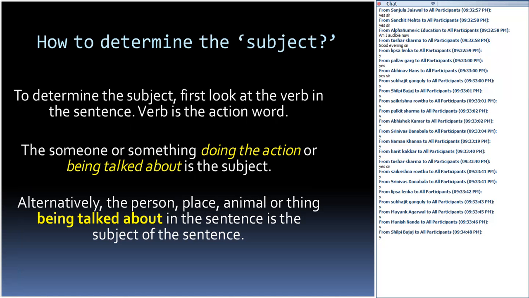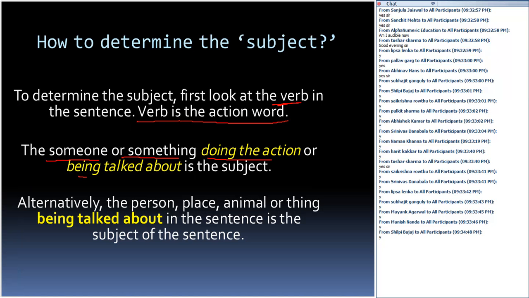To find the subject, what you can do is look at the verb in the sentence. The verb is the action word. When you read the sentence, try to find out who or what is doing the action, or who is being talked about.